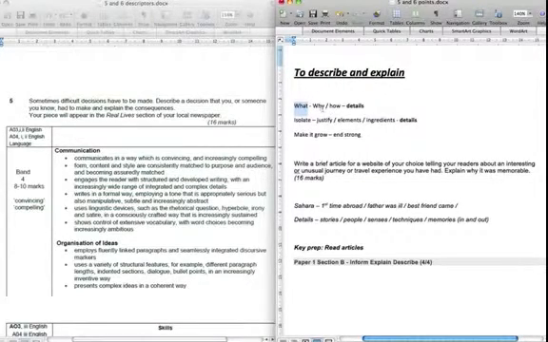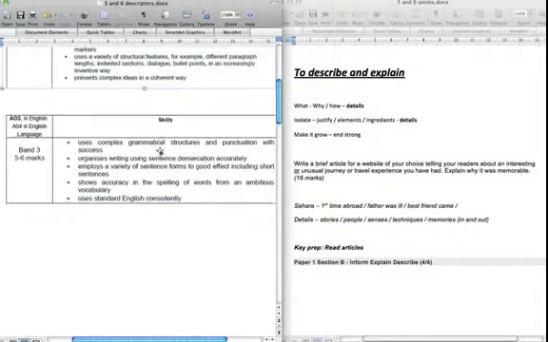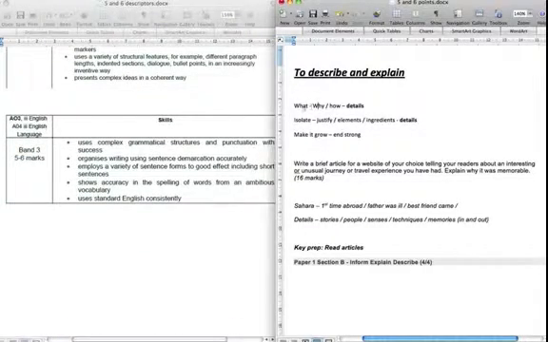We have to say why they made that decision and how the consequences came about, and we have to give details. That's where we're going to get a lot of the marks, because the what and the why are the frame of the house, the edifice around which the rest of the house is built.